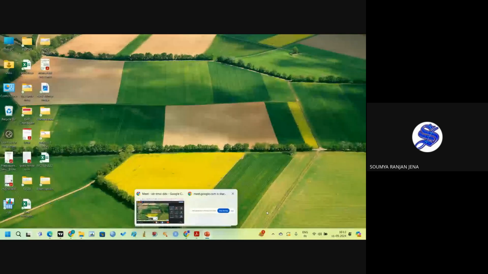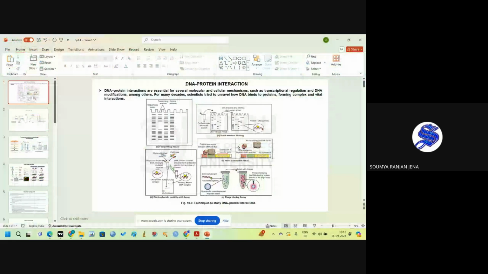In the DNA, the protein will be bound, and this protein will be bound after this electrophoretic mobility shift electrophoresis. This DNA and protein band you will find after you add one antibody. The shifting of this molecular weight occurs because the protein is bound to the DNA, and one primary antibody also binds, and this molecular weight will shift to the next level.